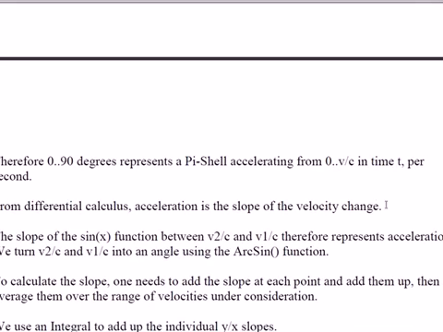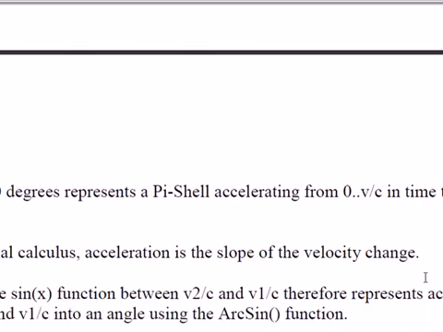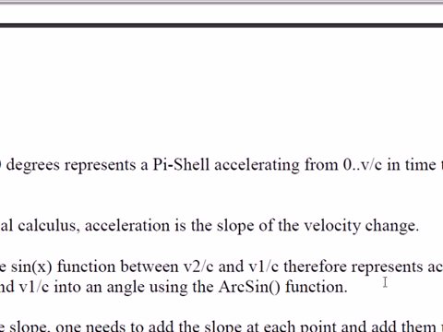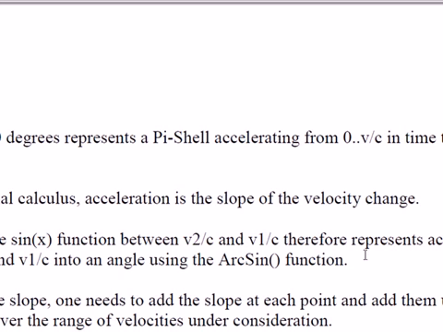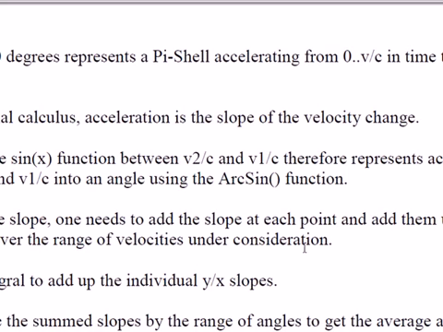So from differential calculus, acceleration is the slope of the velocity change, and the slope is the sine x function between v2 over c and v1 over c, which represents acceleration. Then we can turn v2 divided by c and v1 divided by c into an angle using the arc sine function, and then we can calculate the slope, which I've discussed already.